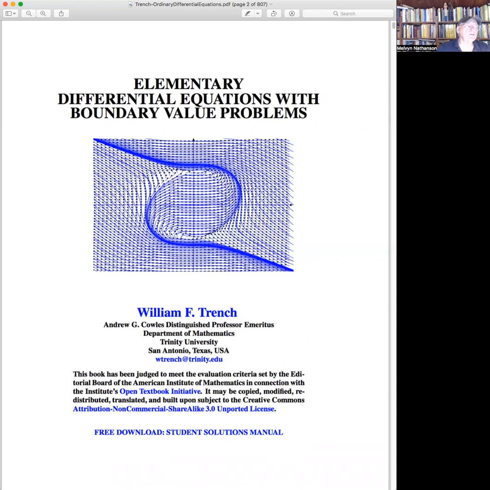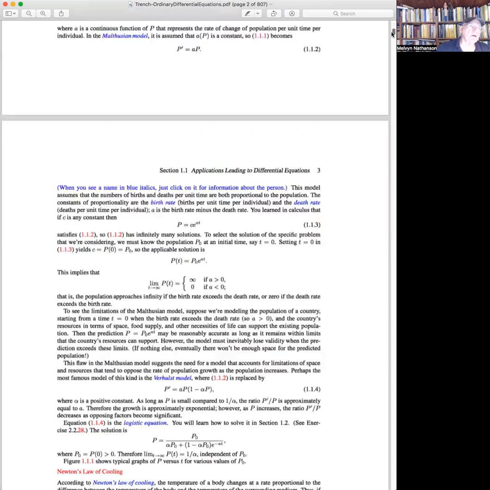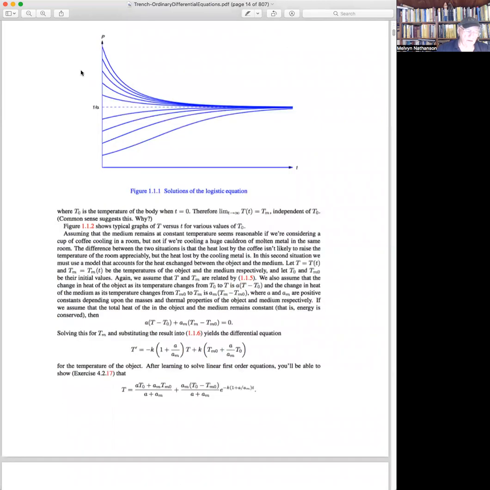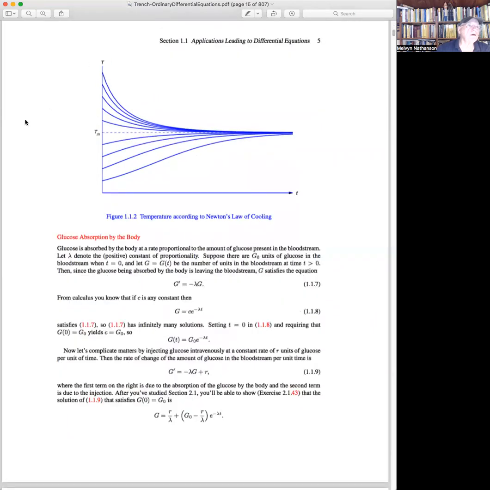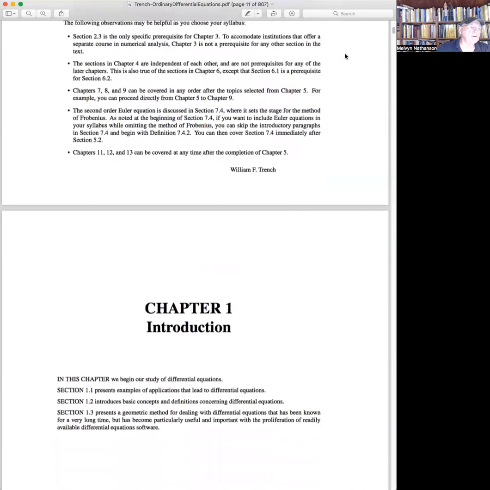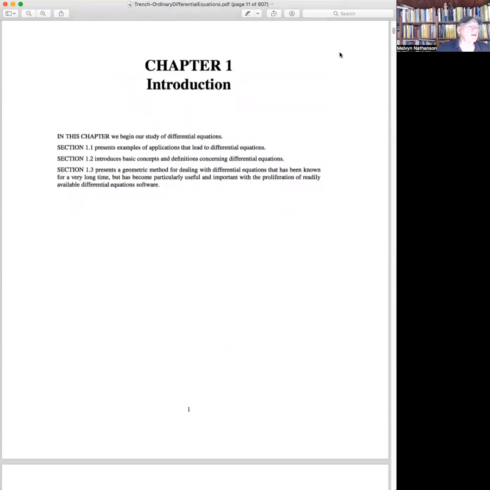Okay, so the first lesson is really to cover chapter 1, which is an introductory chapter. And let me turn to that right away. So here we are, chapter 1.